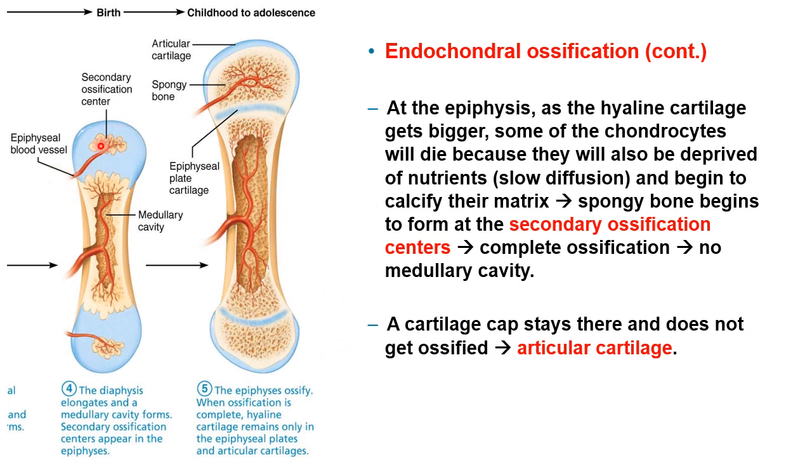When that happens, you're going to have these secondary ossification sites, both in the proximal and distal epiphysis. So secondary ossification sites are going to start happening, and the same process happens as before, with the difference that the spongy bone here is not going to be destroyed by those osteoclasts.